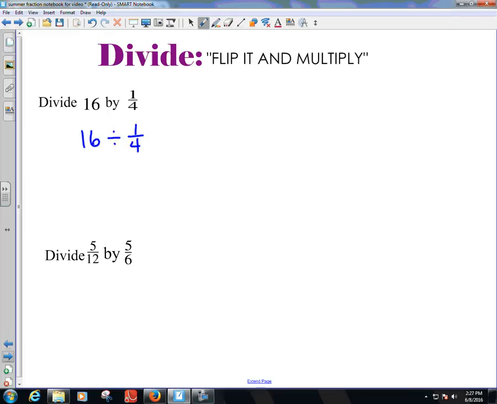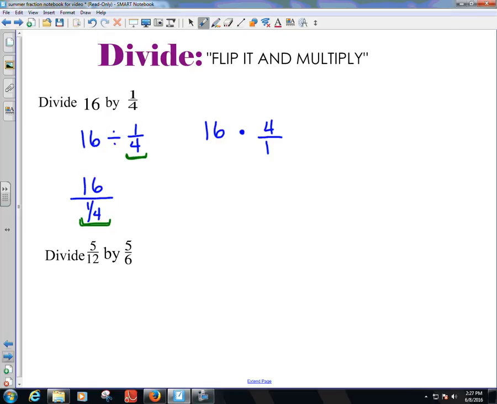You might also see that written as 16 over 1/4. Okay, so the divided by, this is the thing that we're going to flip in either case. So we're going to end up with 16 times, that's the multiply, by 4 over 1.